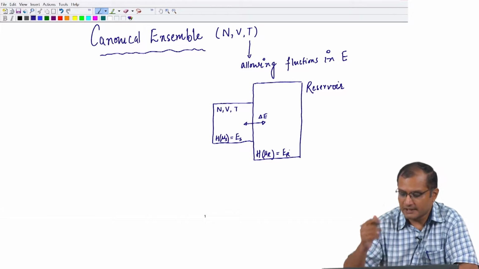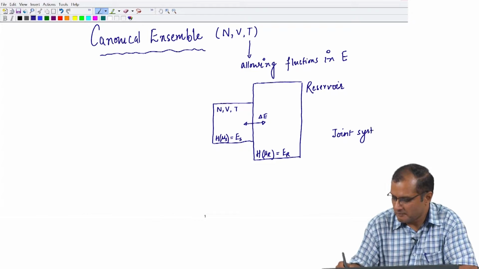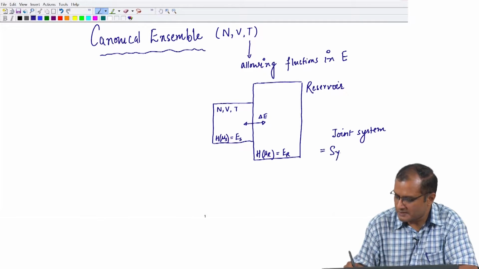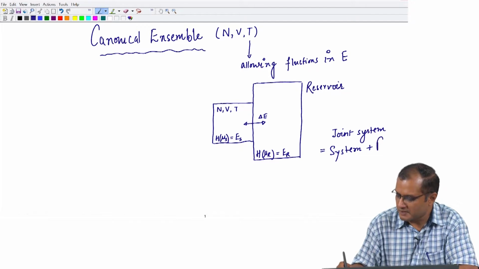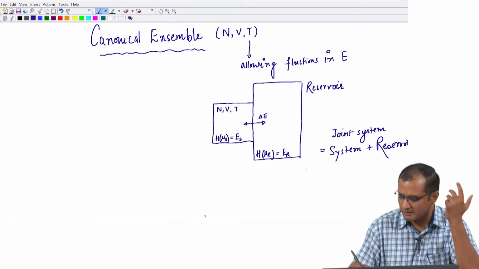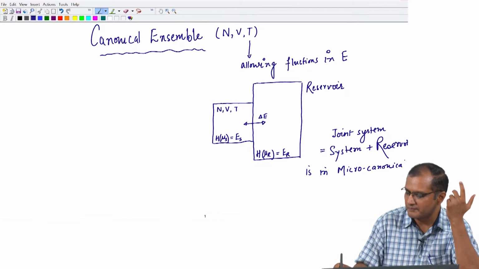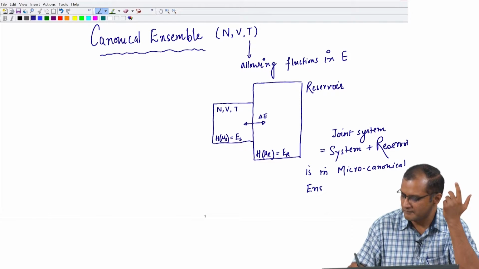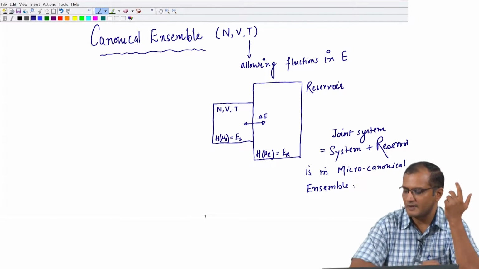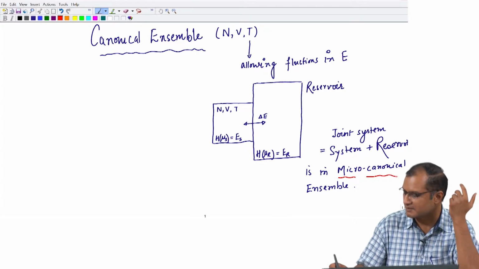And because the entire joint system, which is my system plus reservoir, is shielded from the surroundings, my joint system is in a microcanonical ensemble.